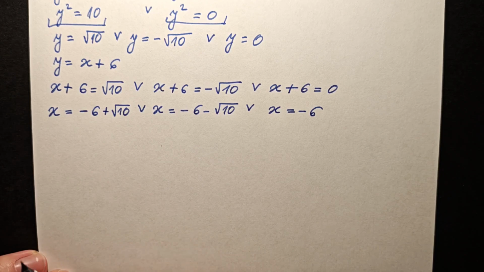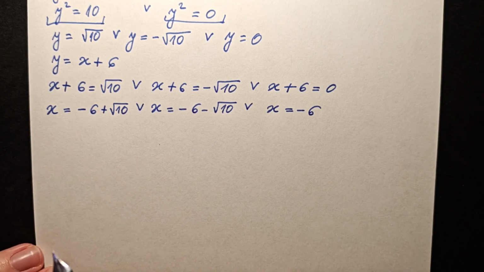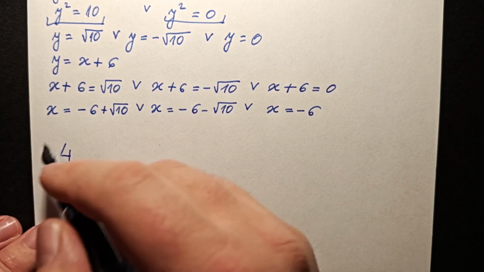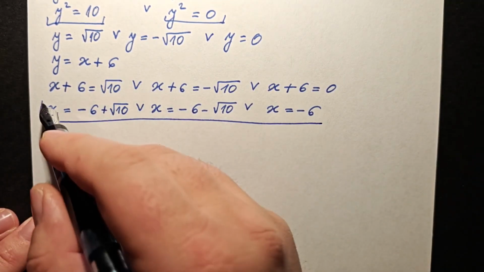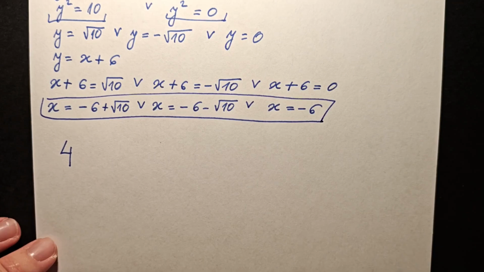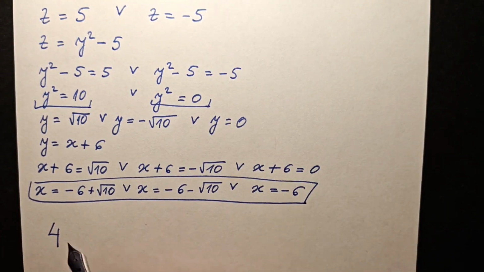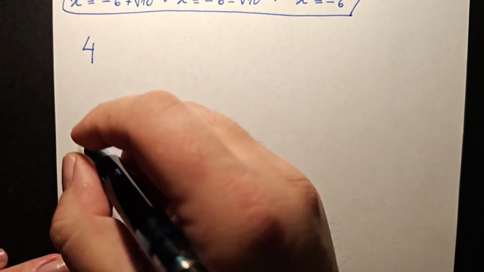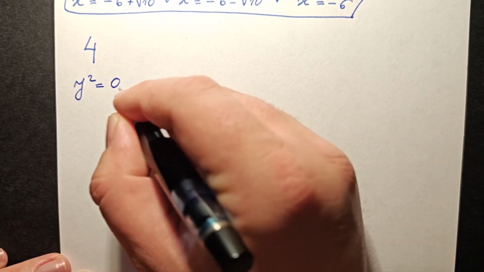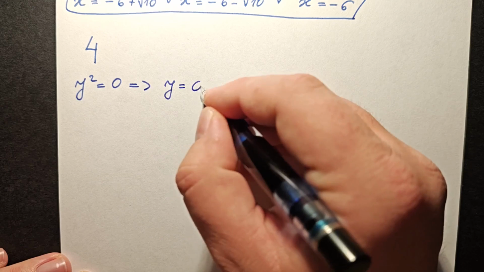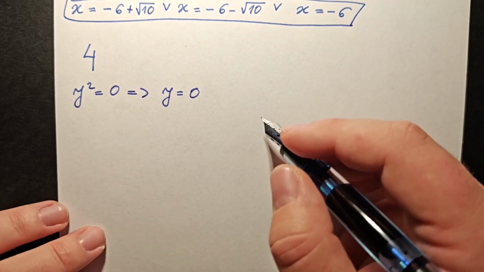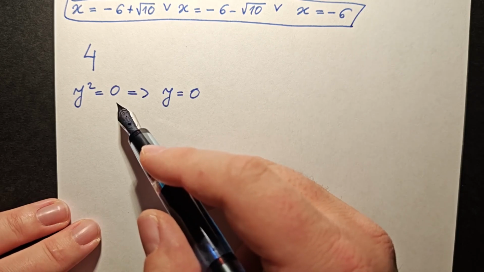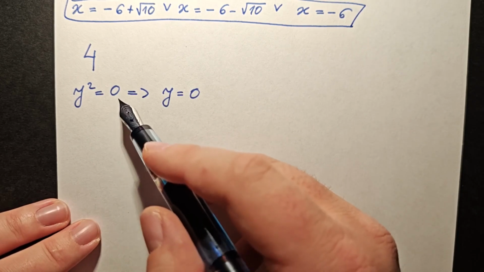You can recall that I have mentioned that we are expecting 4 solutions for this problem, and now we have just these 3 solutions. So what is happening? We had here that y squared is equal to 0. So from y squared is equal to 0, we got that y is equal to 0. Here in y squared is equal to 0, we actually have a root of second degree.